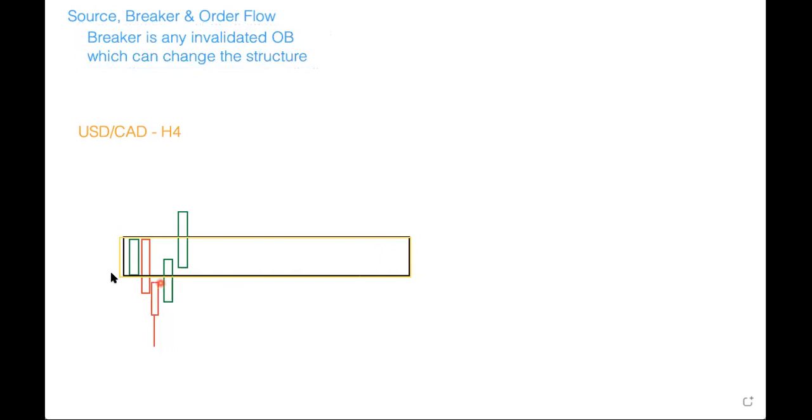Once we get this breaker, then we will identify this candle which has the highest wick. This candle, we will identify this candle with the highest wick to the low side as source.